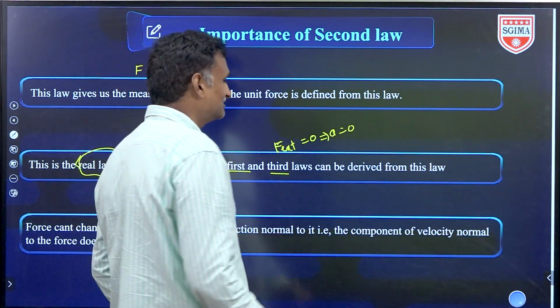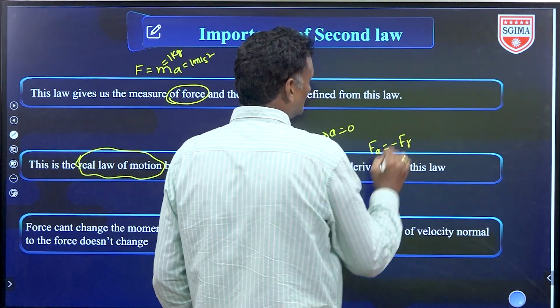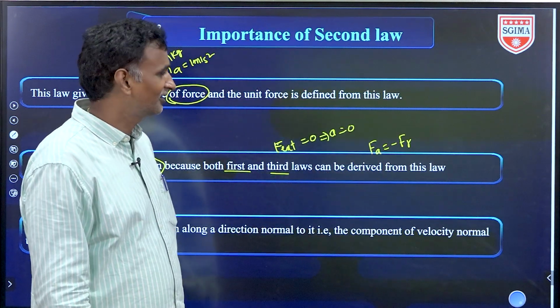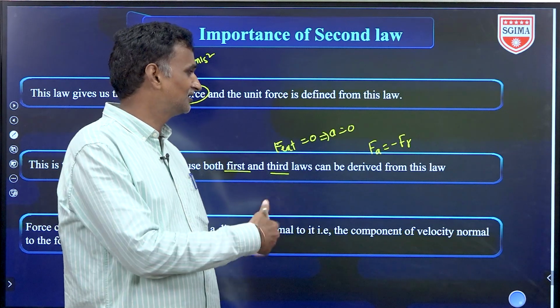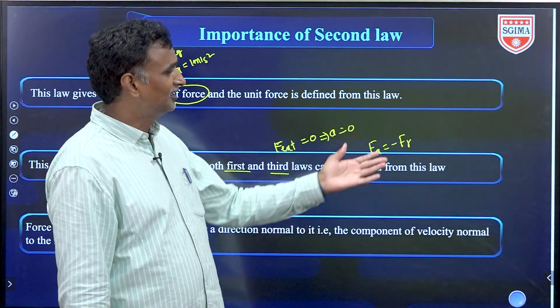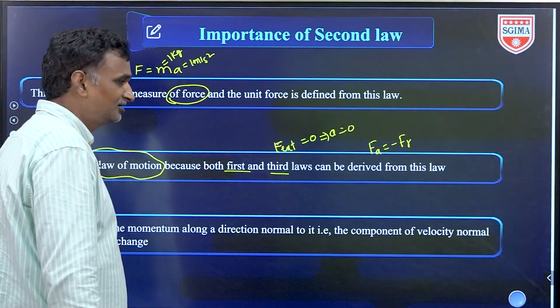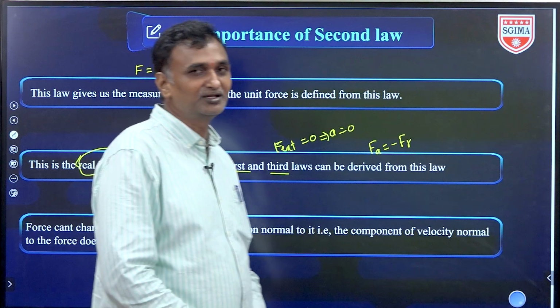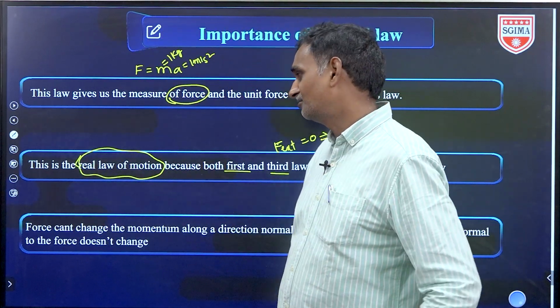And third law, we can say that with force only, F action equal to minus F reaction. We will discuss in the coming classes how we can solve this equation, but with the help of force only we can derive the third law. So the second law is the real law, because we can derive the first and third laws with the help of the second one.